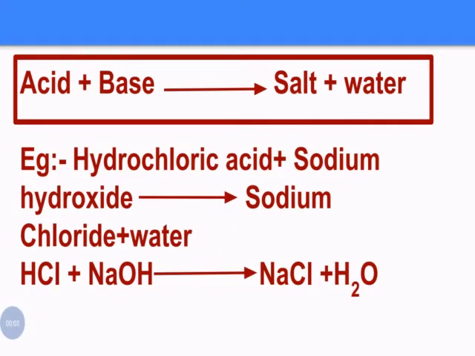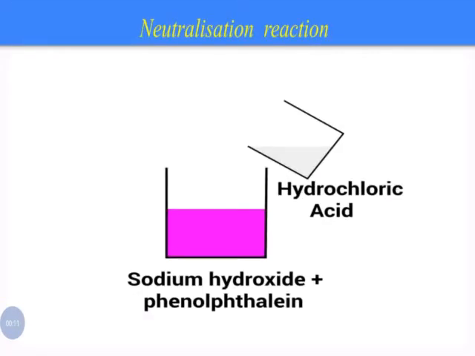So, hydrochloric acid reacts with sodium hydroxide to form sodium chloride and water. Here you can see a picture. In one beaker you can see hydrochloric acid. In another one you can see sodium hydroxide plus phenolphthalein. We also learned about phenolphthalein. It's a chemical indicator.